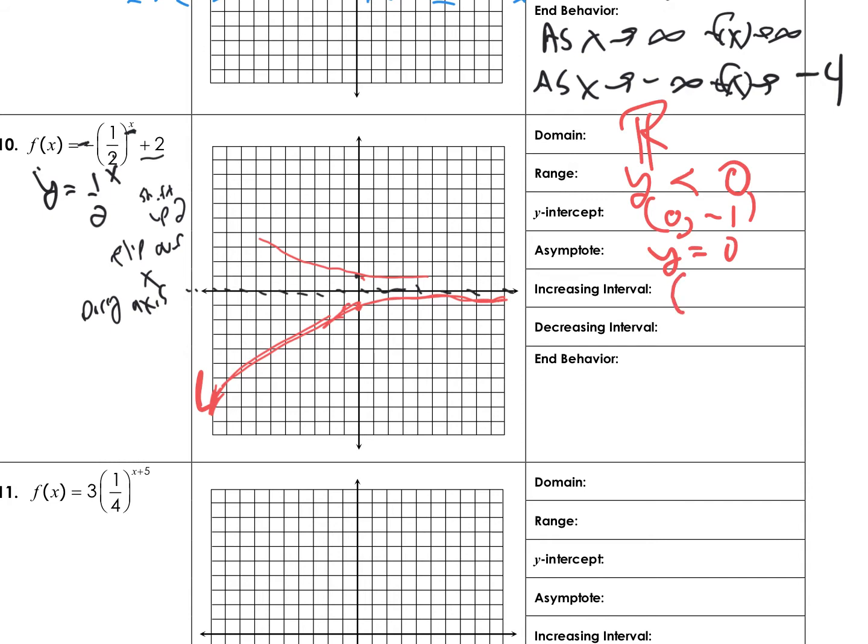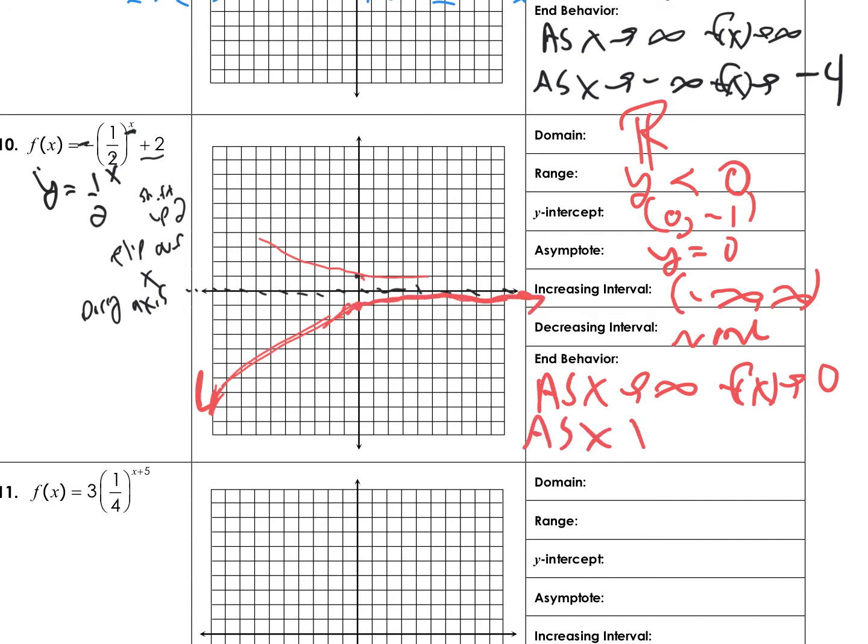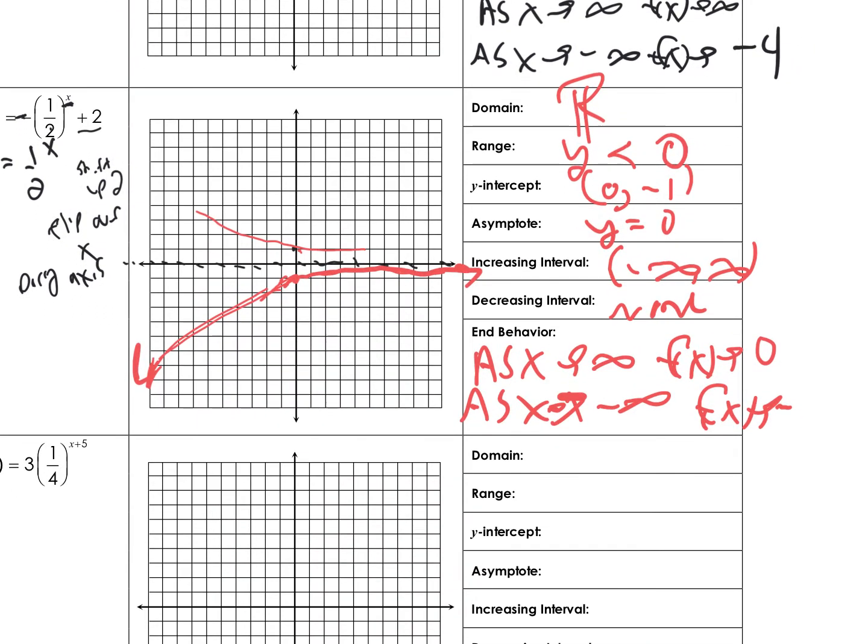It does increase from negative infinity to infinity. Decreases, none. As x goes to the right forever, f of x goes to 0. It still goes to 0. As it climbs up, it still goes to 0. As x goes to the left, f of x goes to negative infinity. It's a little different.